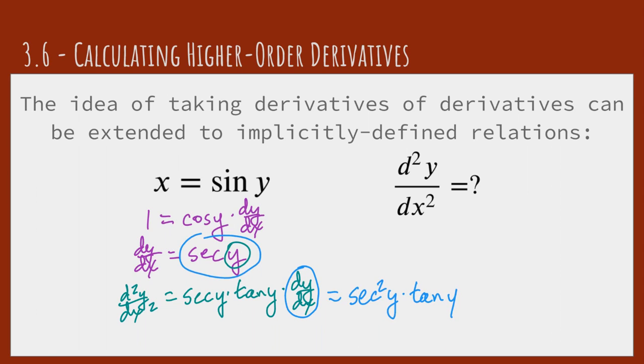And just like when we did implicit differentiation, taking first derivatives, it's okay that our derivative has y in it. We might see x's and y's mixed together. In this case, it's all in terms of y. But it's not going to be okay when we take higher order derivatives to keep the lower order derivatives in there. So we want to replace those with what we know those lower order derivatives to be from earlier points in this problem. So the second derivative of y with respect to x with this implicitly defined relation is going to be secant squared of y times the tangent of y.